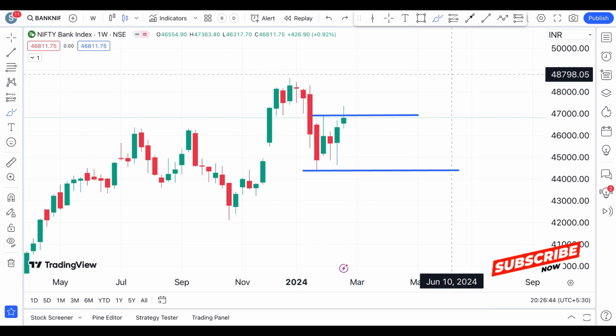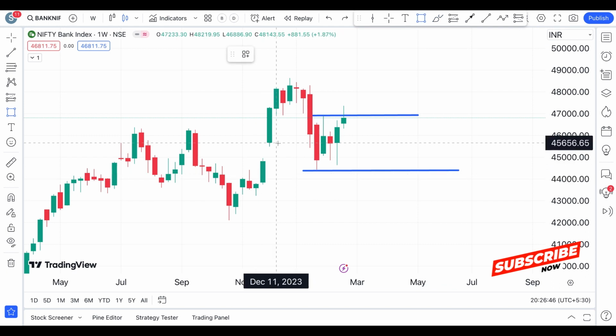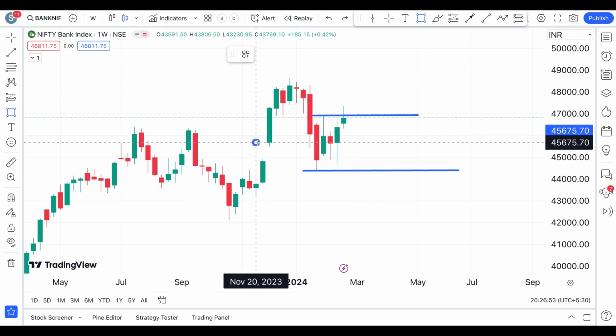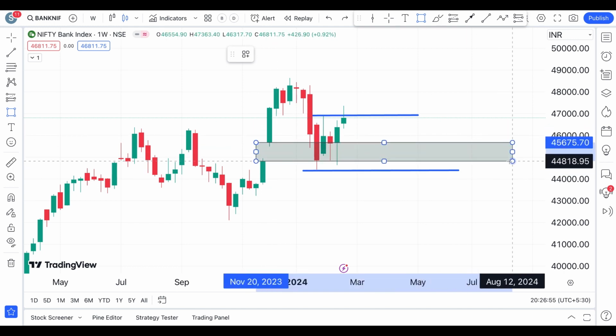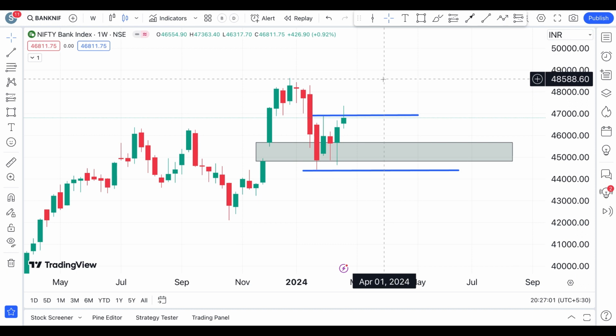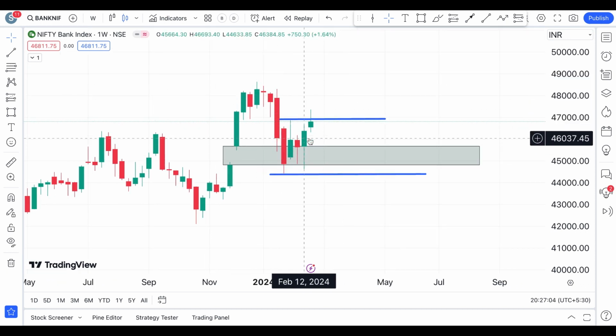But even now you have a chance towards the upper side. And one more thing is this particular gap right here between these two candles. If you draw a zone there, you can very clearly see that this zone is acting as a support area for the Bank Nifty on a weekly time frame.